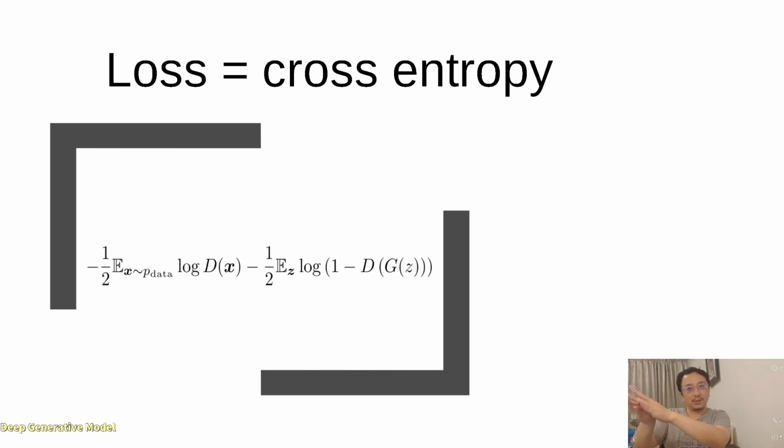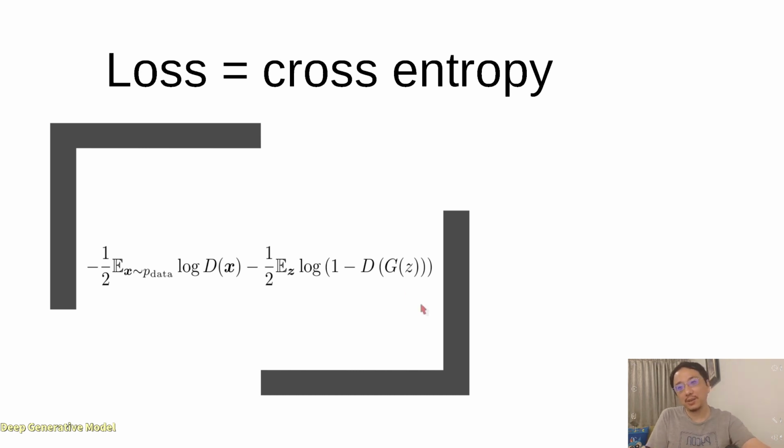However, since the goal of the generator is to cheat the discriminator, the training goal for the generator is exactly the opposite. So it wants to maximize this cross entropy loss.